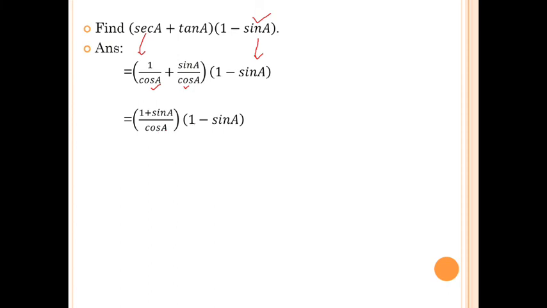We have here 1 plus sin A in the numerator, a multiplication in between, and cos A in the denominator and 1 minus sin A. So it can be written as (1 plus sin A) into (1 minus sin A) by cos A. What is 1 plus sin A into 1 minus sin A?